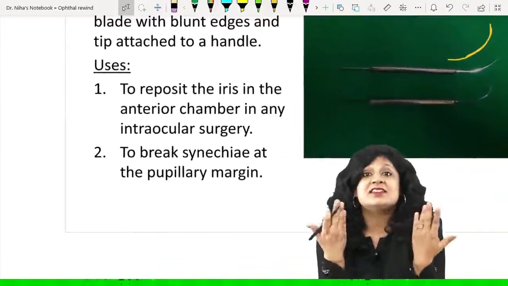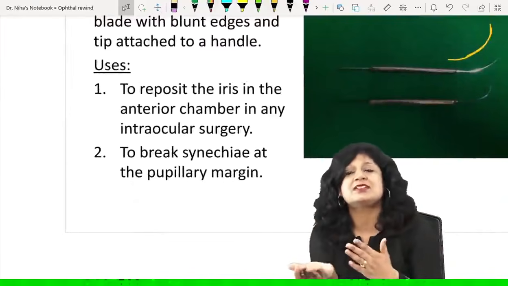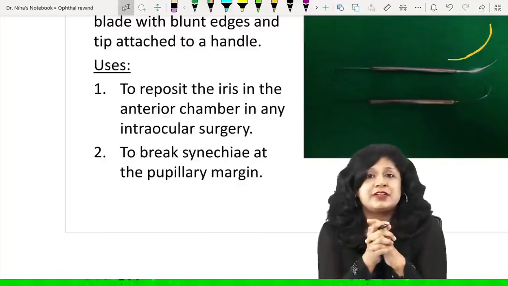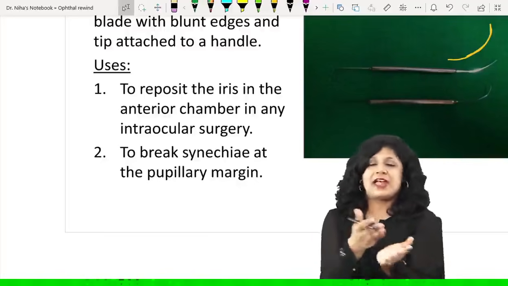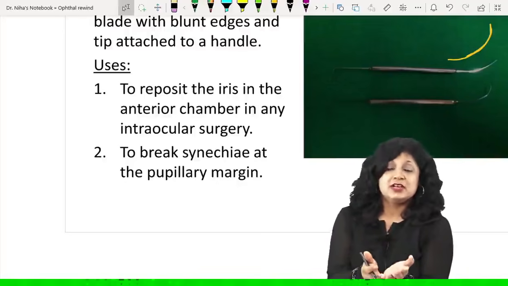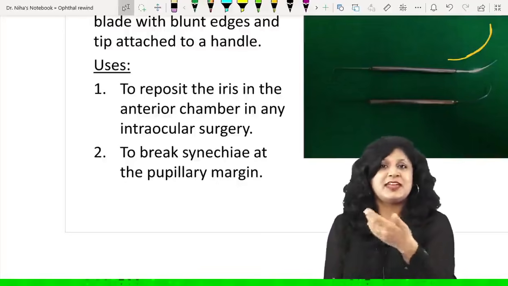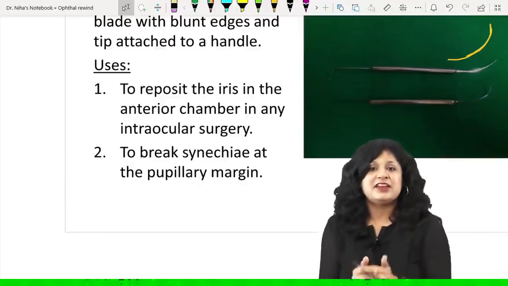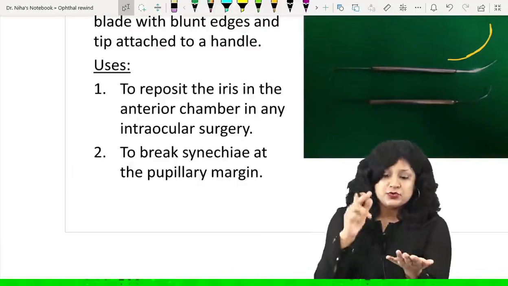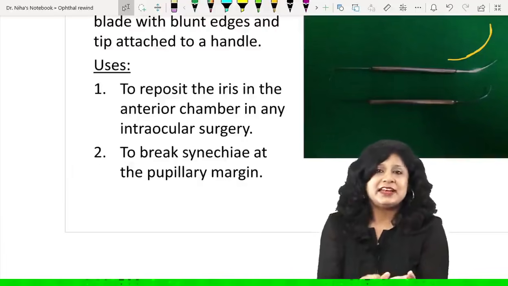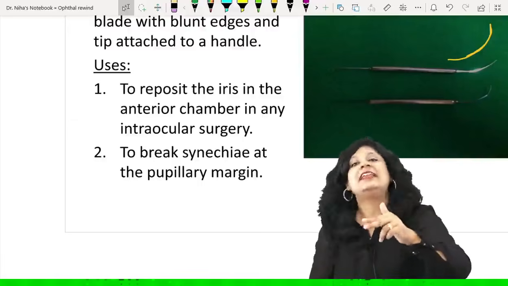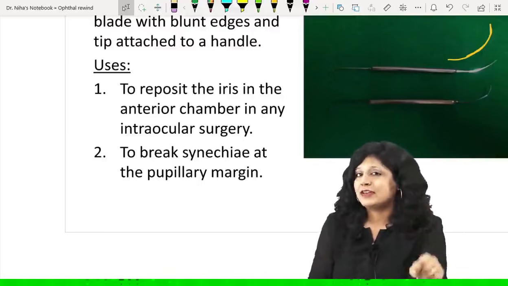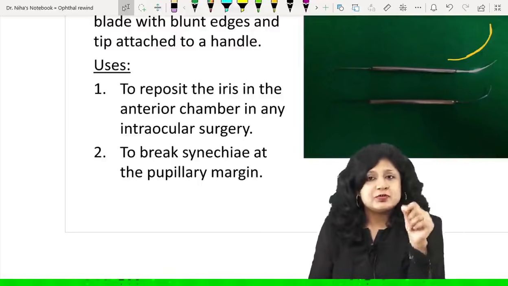It has two purposes. One is when the iris comes out, iris prolapse is a well-known complication that can take place in the early post-operative period of cataract surgery. So that is but obvious. At that time I will use the iris repositor. But one more extra, to gain that extra edge, it will also help me in breaking the synechiae, whenever we have posterior synechiae or anterior synechiae, and I require something very delicate so that I cannot puncture the iris, I do not create any false holes there, I do not lead to atrophy of the iris.